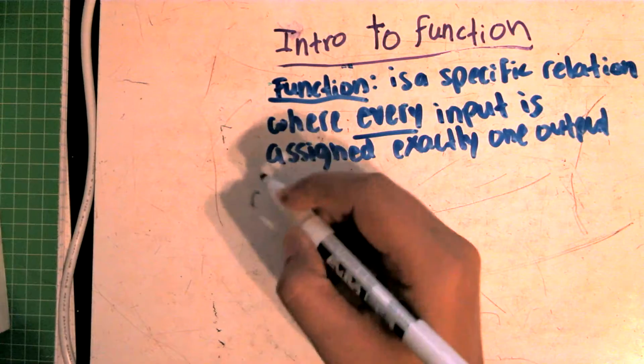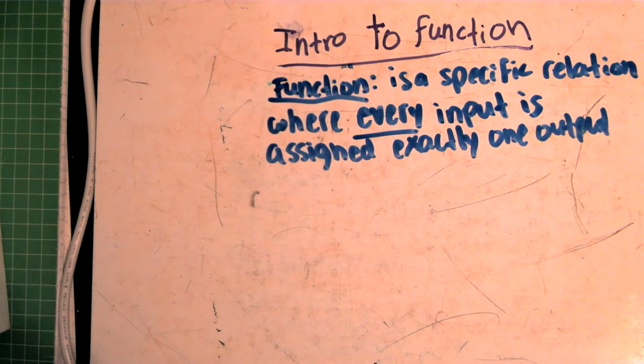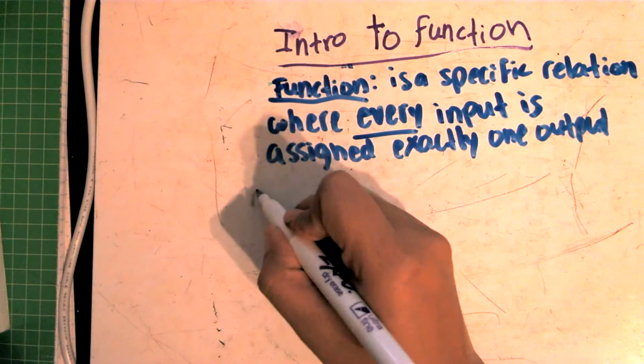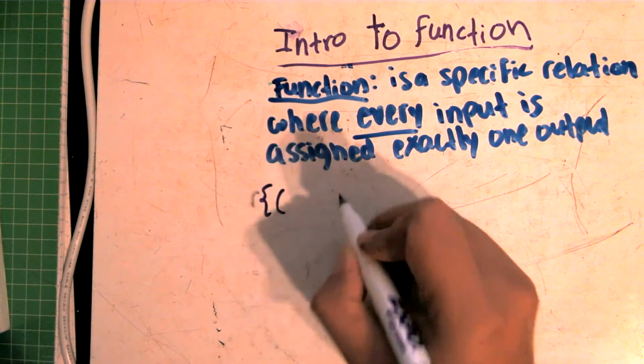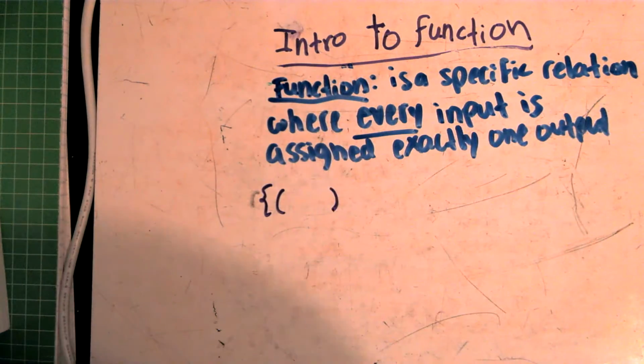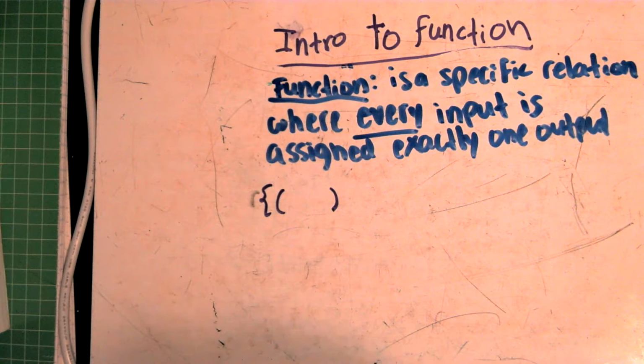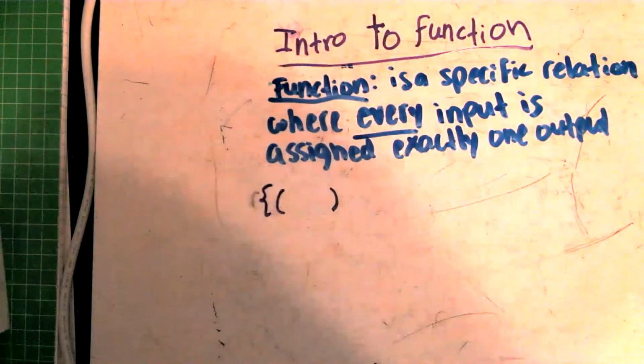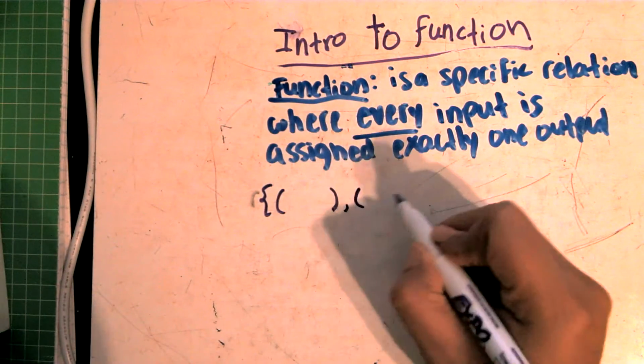Here's a relation. Oops, I forget that doesn't work anymore. I gotta throw it away. Here's a relation, and this particular relation that we're gonna look at is represented by a list of coordinate points. So here's a collection of these points.